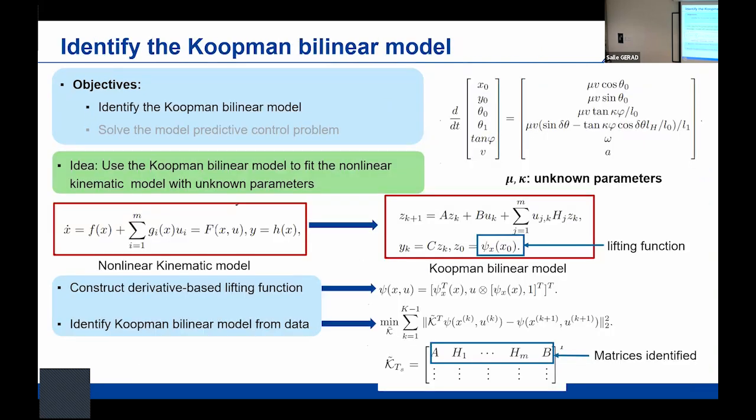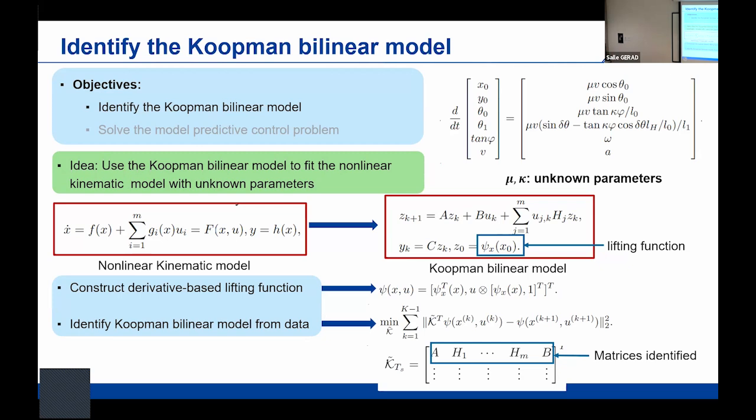So then the problem becomes, how do you track the planned trajectory? In that case, we construct a Koopman bilinear model. The idea is to use the Koopman bilinear model to fit the nonlinear kinematic model with unknown parameters, because you can get a much more accurate linearization.